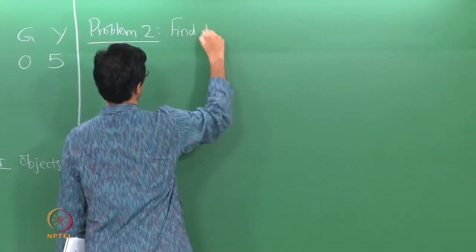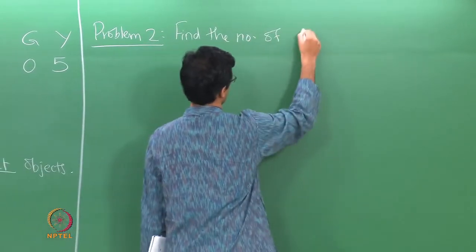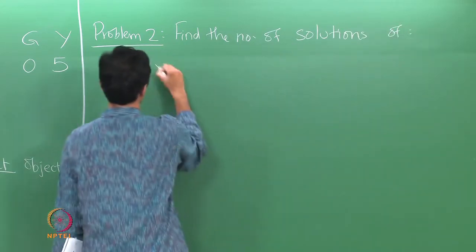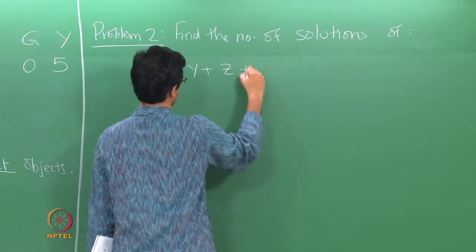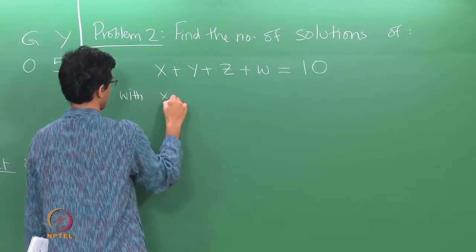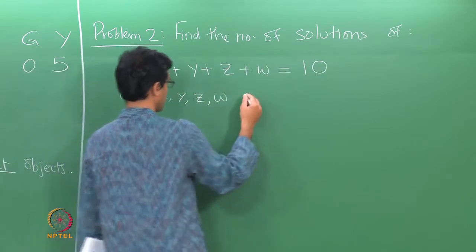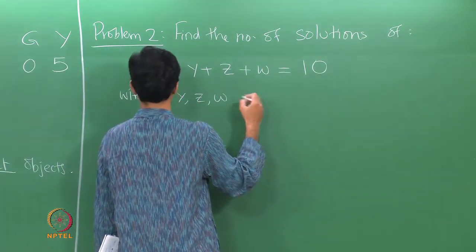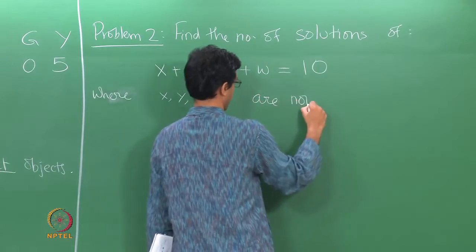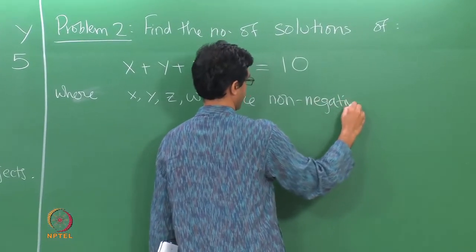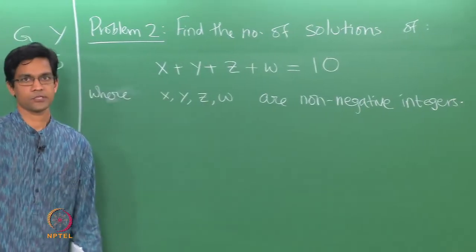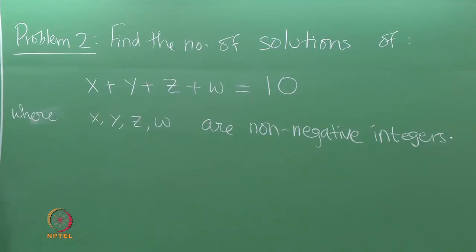Find the number of solutions of the following equation, x plus y plus z plus w equals 10, with the requirement that x, y, z and w be non-negative integers. Okay, so these two problems are really equivalent to each other.